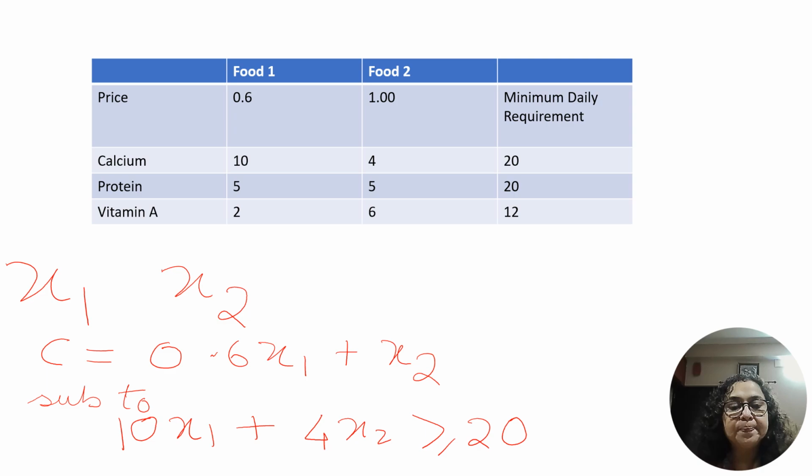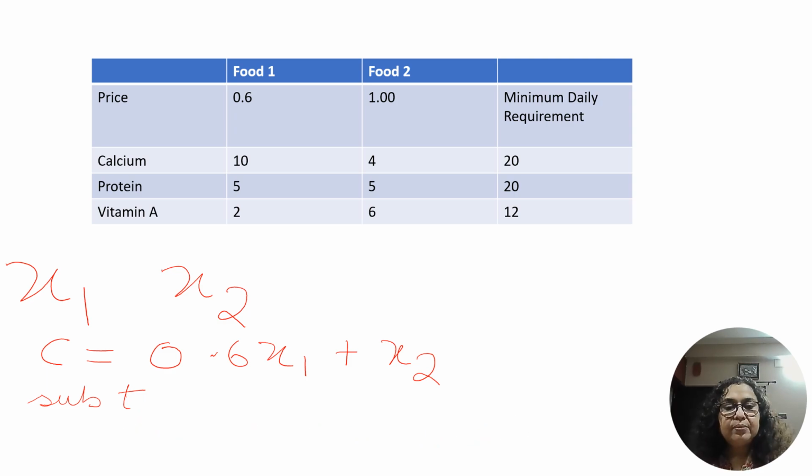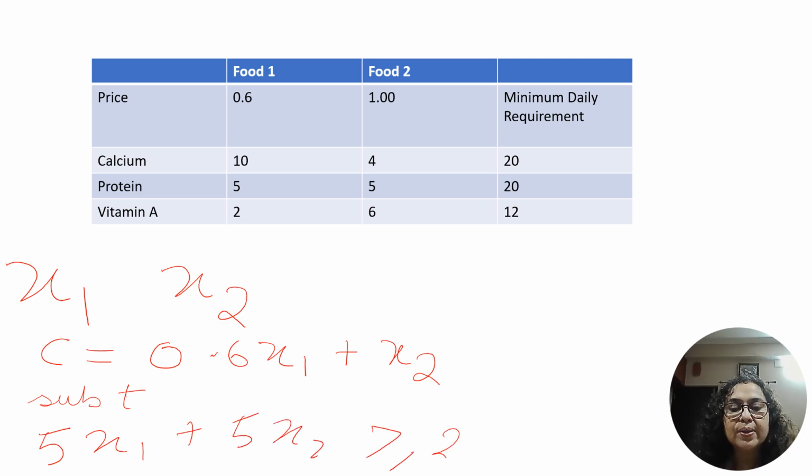Similarly, let us write down the other constraints. I'll erase this part and write the second constraint: 5x1 plus 5x2 is greater than or equal to 20.